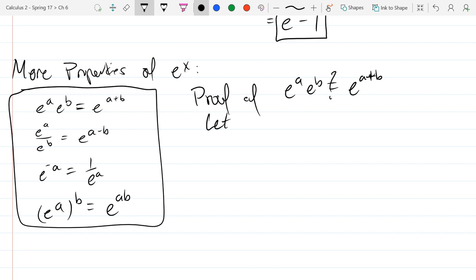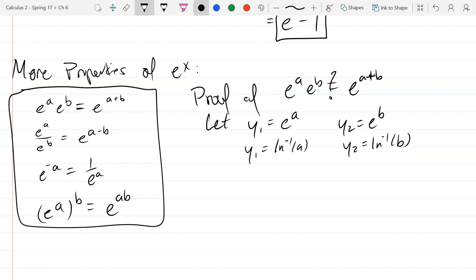So I don't know that they're equal yet, so we'll go with y1 equal e to the a, and y2 equal e to the b. I'm just giving these different names. Now I'm going to flip them around with the definition. Actually, let's just write it with ln inverse of a, y2 equals ln inverse of b.